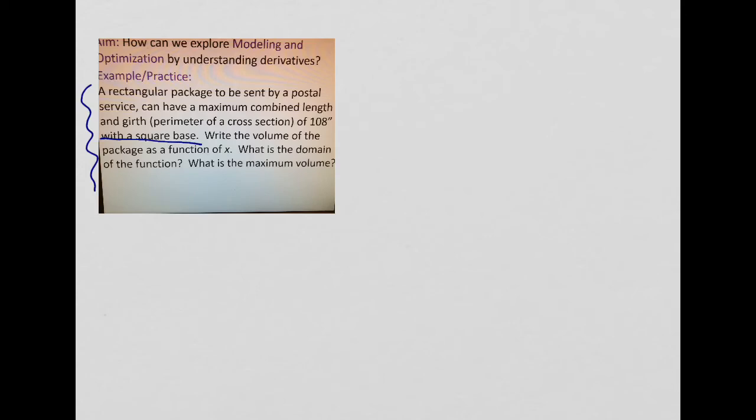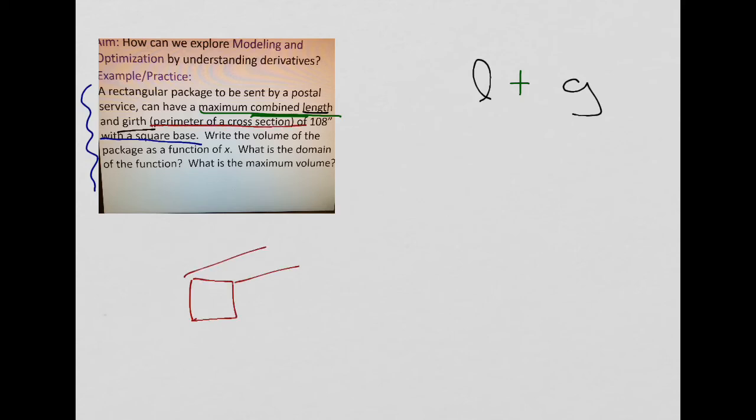So when you look at the wording of the problem, maximum combined means that you're adding 2 things together, length and girth, L and G. Girth is the perimeter of a cross-section. So you have to understand what the cross-section would be. Here's, that's supposed to be a box, and the cross-section would be when you measure all the way around.